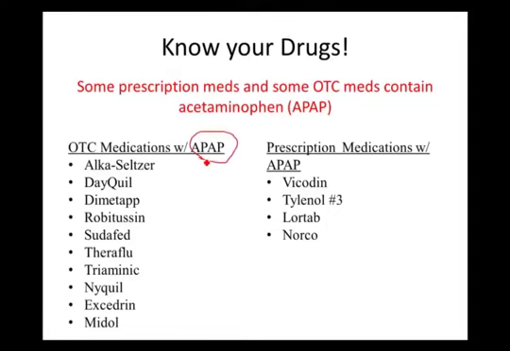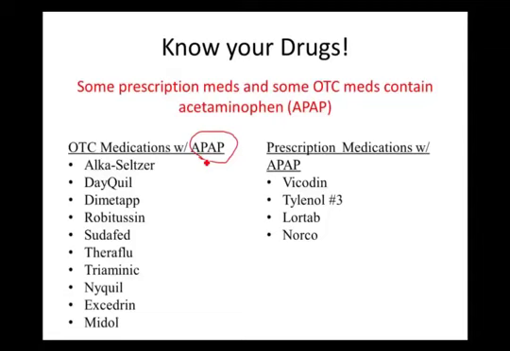There are prescription drugs that contain high doses of acetaminophen. You've heard of Vicodin, Tylenol number 3, Lortab, Norco. There's acetaminophen in there. So what does that mean? Well, imagine you've got a patient who had a root canal. The doctor prescribed them 800 milligrams of acetaminophen, or maybe gave them a small amount of Vicodin, okay?